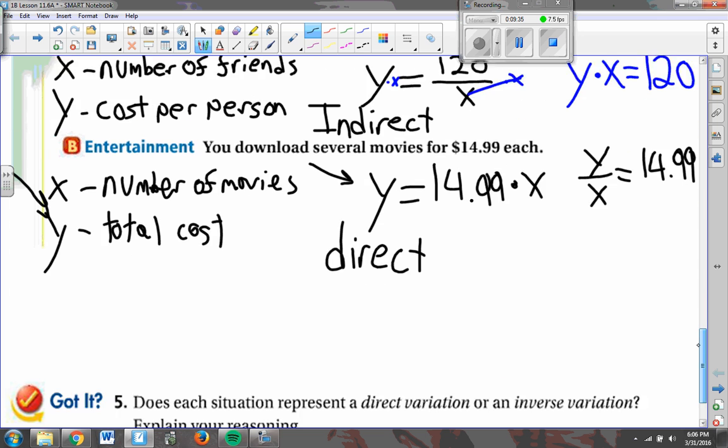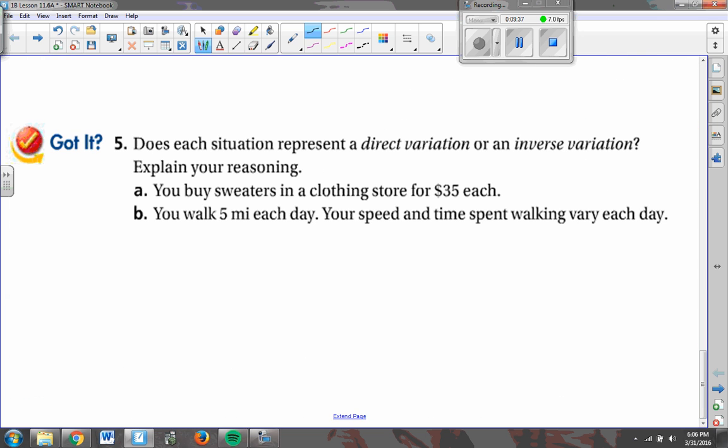Okay, I would like you to try that with these two situations: buying sweaters at a store for $35 each, and walking 5 miles each day, speed and time spent walking each day. Decide if they are direct or indirect by listing out what possible variables you could have, and then deciding how they are related to each other. Pause the video, take a look there, come on back, I'll show you what we should get.